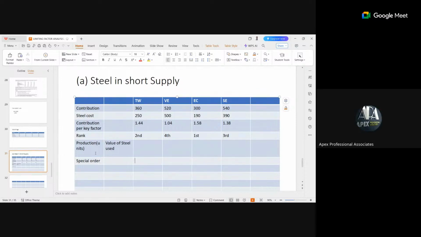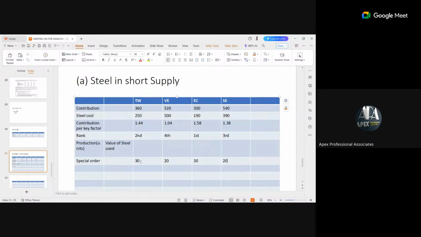So special order. Special order won't follow the ranking because you have to produce them. For TW, the special order is what? 30. For VE is what? 20. And for EC is 30. And for SE is what? 20. Yes, for SE is 20.